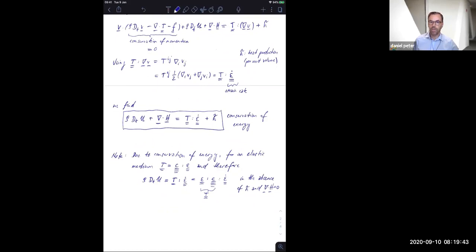So you see strain rate is defined such that it's a symmetric quantity. Strain is symmetric. And so C has to be symmetric as well.